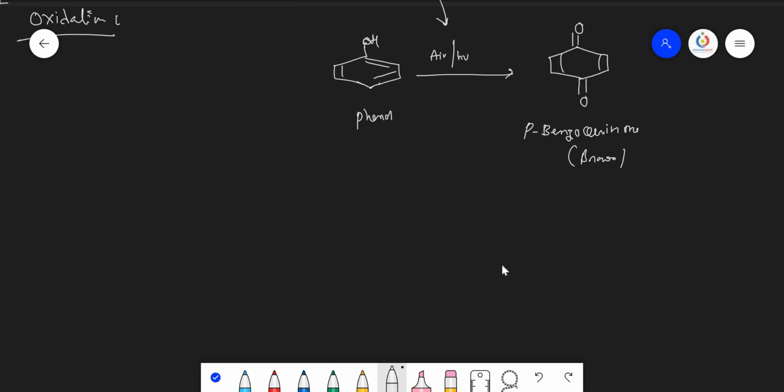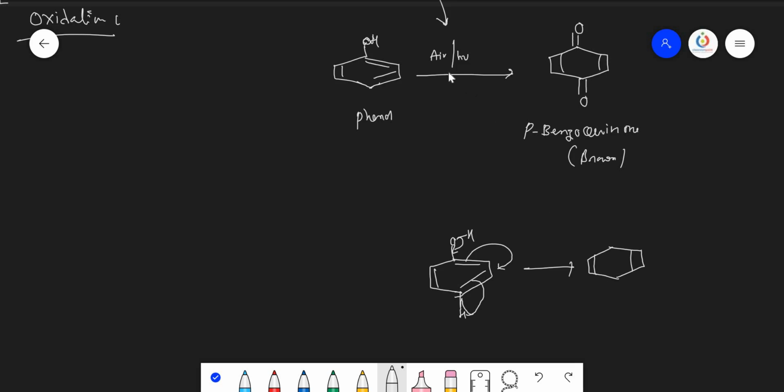So how this is coming means hydrogen OH. So the bonds will be shifted like this. This pi bond, this pi bond, and it will come over here. So hydrogen will be out.